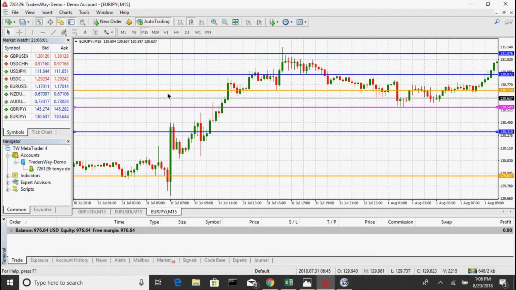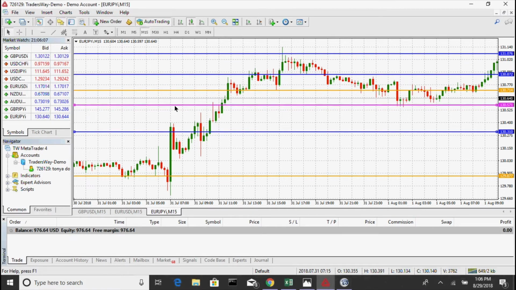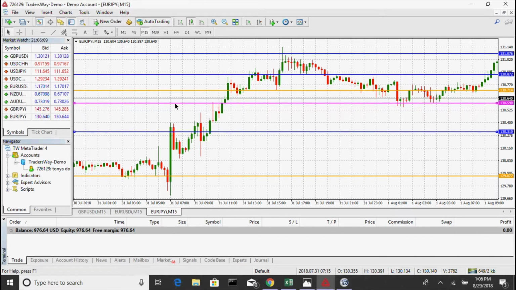There. Move it just a little bit. Yeah. Right below price action.